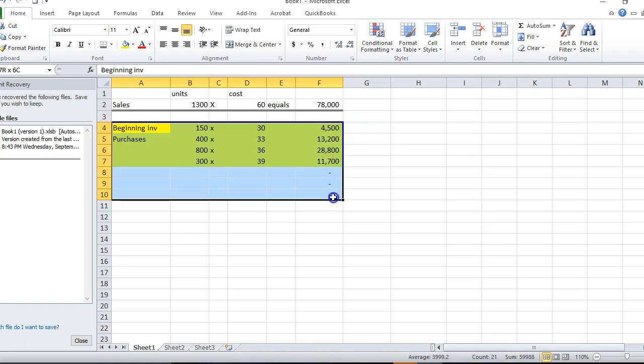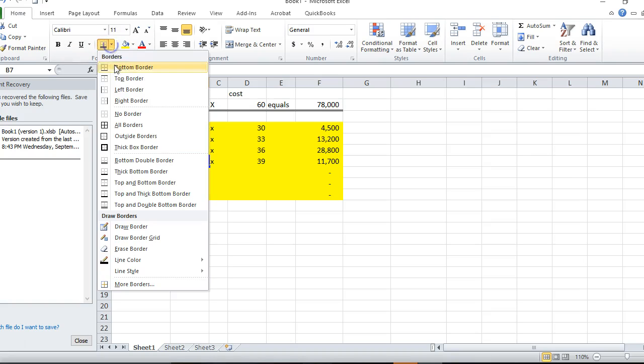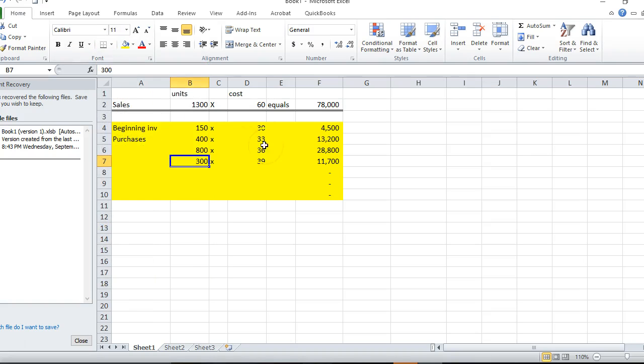So, we have how many units here? 1,650 units, and the cost of all those units is $58,200.